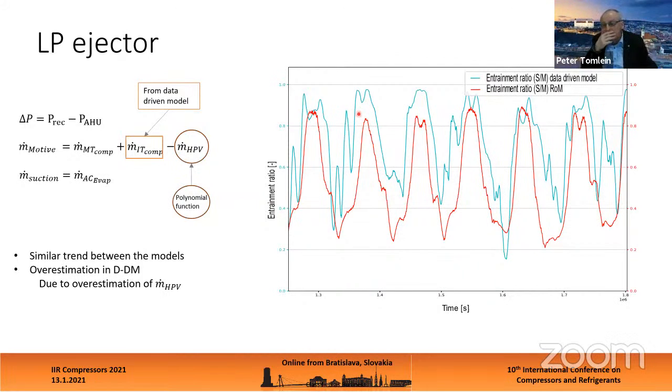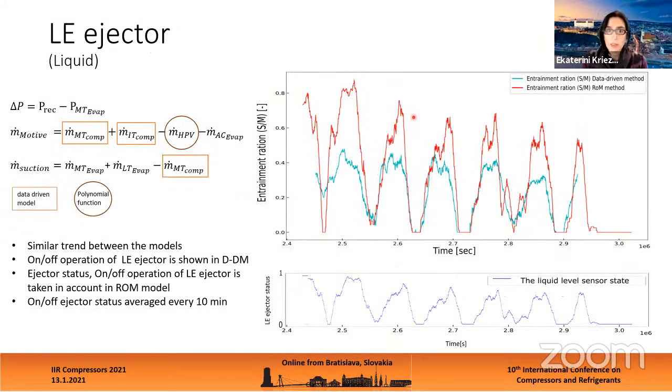That can be due to an overestimation from the polynomial function of the high pressure valves. We cannot say which one is more accurate than the other, but the levels look reasonable and they follow the same trend.